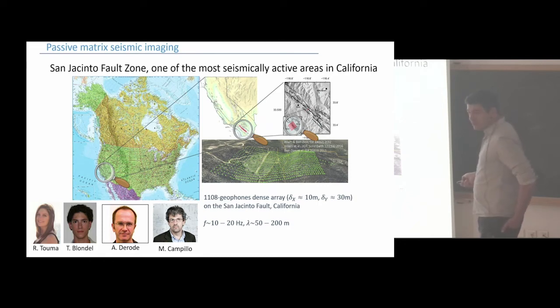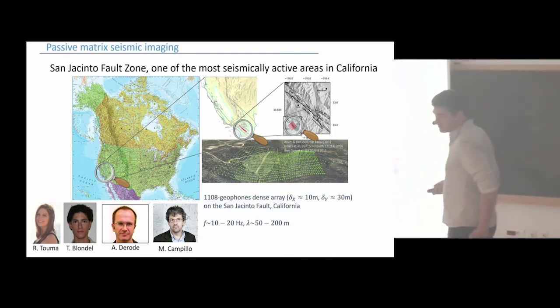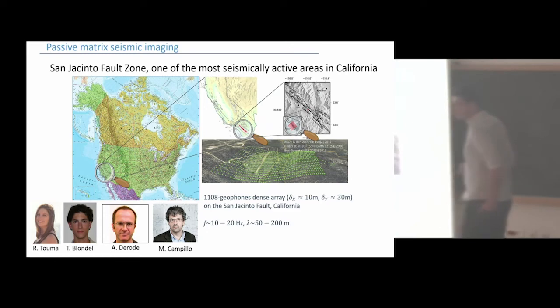Here we will consider a frequency bandwidth where the wavelength is much larger than this interstation distance, so we check the Nyquist criterion. This is the condition you have to check for the reflection matrix if you want to use it for imaging: you need an interstation distance of approximately lambda over 2. It can work with lambda, but that is still the order of magnitude.